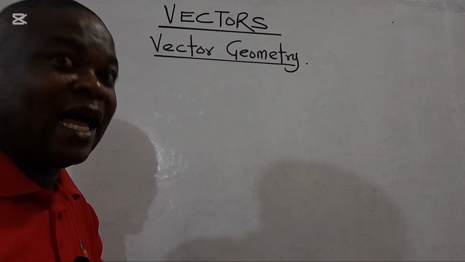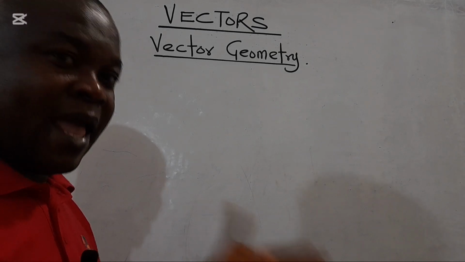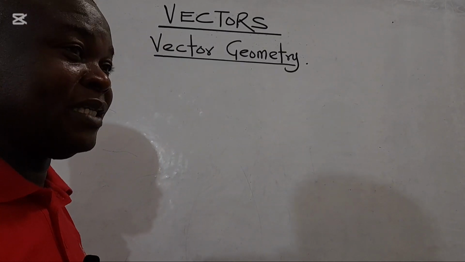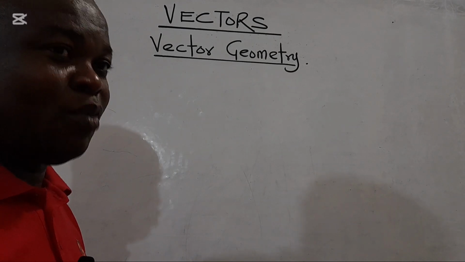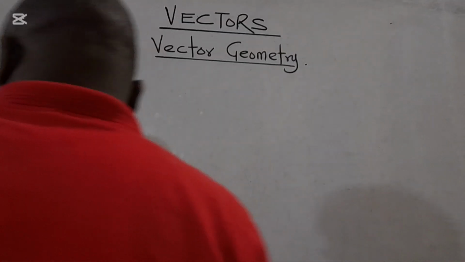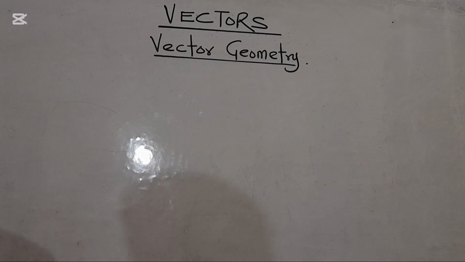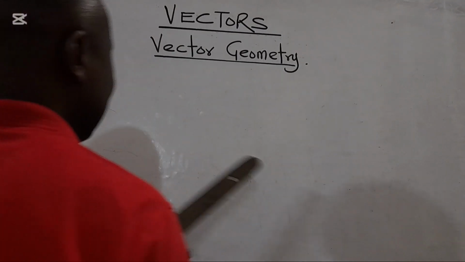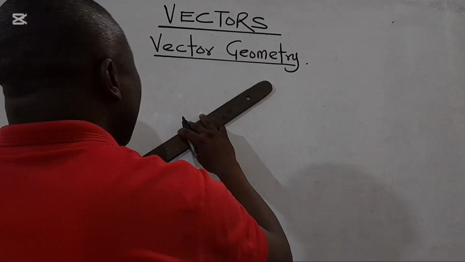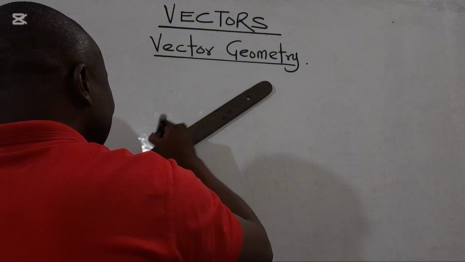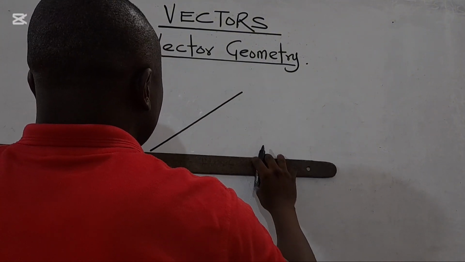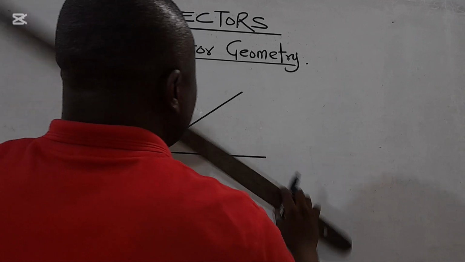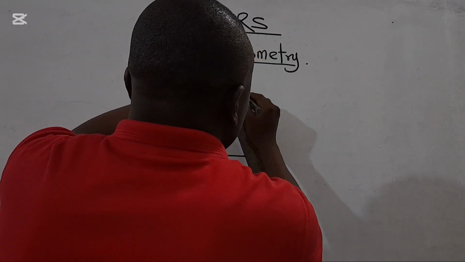That's x and y. A line can be represented using x and y coordinates to locate points. So let's see, if you have these points or a line like this.